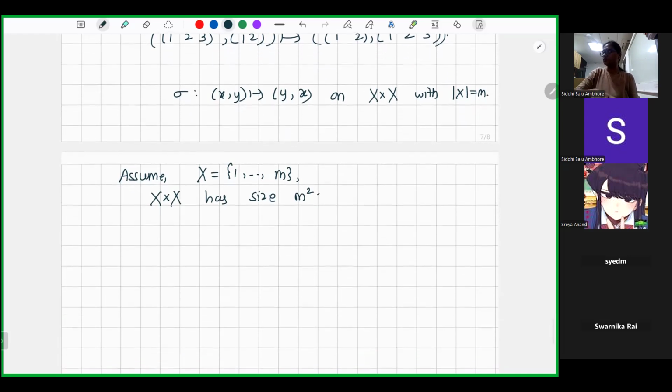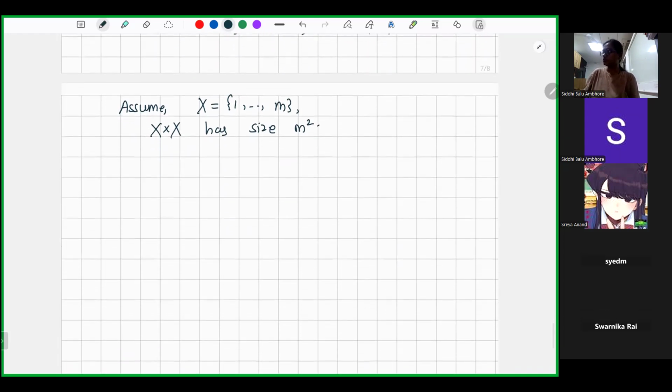So we have to find the cycle decomposition of this sigma here.